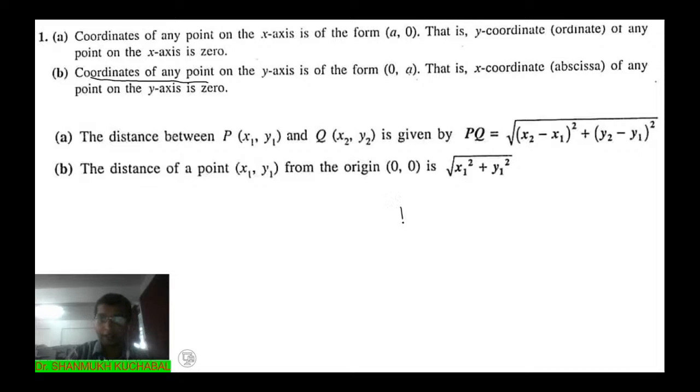We can understand this with a diagrammatic representation.